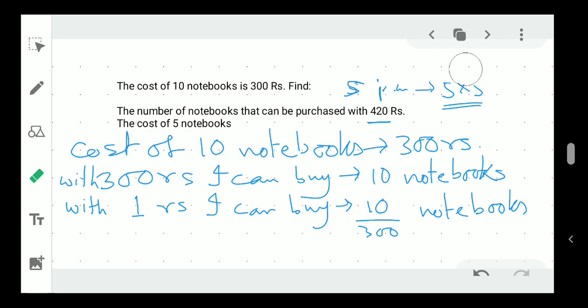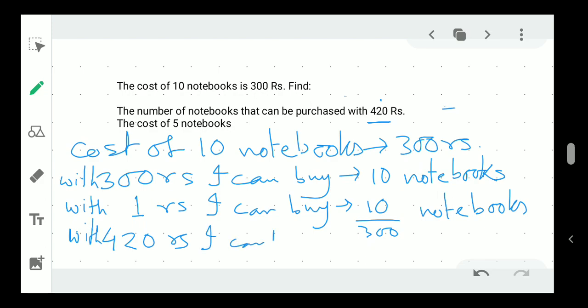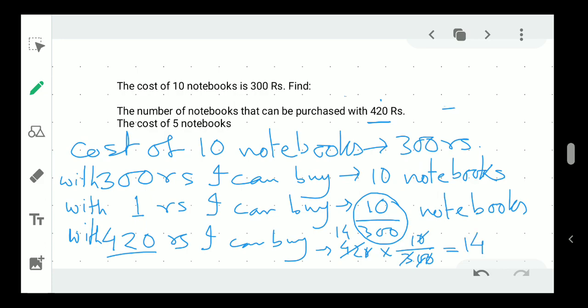In the same way, 1 rupee can buy this much of notebook, so with 420 rupees I multiply 420 by this whole term, because this whole term is for 1 rupee. So I write 420 into 10 by 300. If you solve, zeros cancel, and 4 14s are 14 notebooks.